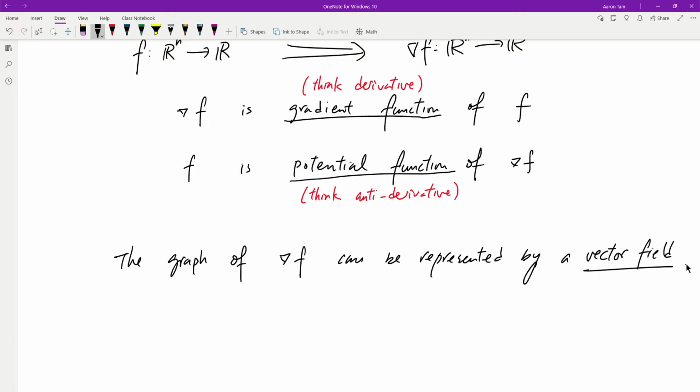But here we have gradient, and gradient is a vector. A vector needs to convey more than just the direction, which is what slope is designed to do, but also a magnitude, and therefore requires us to upgrade our graph to something different.